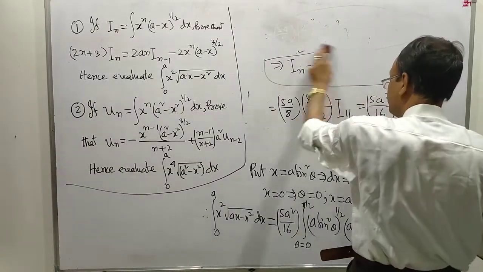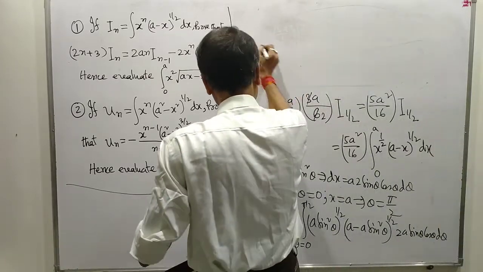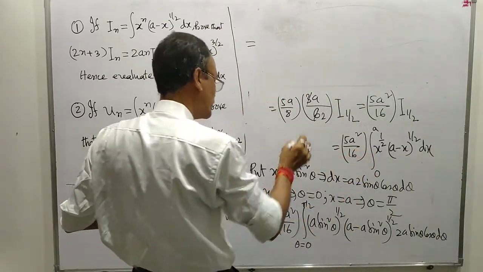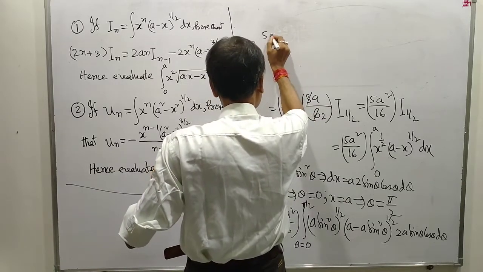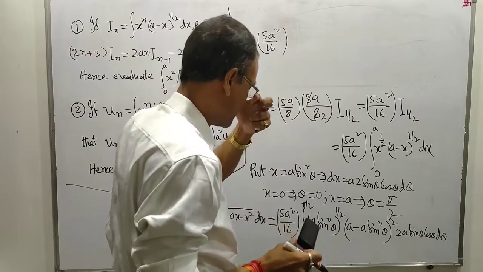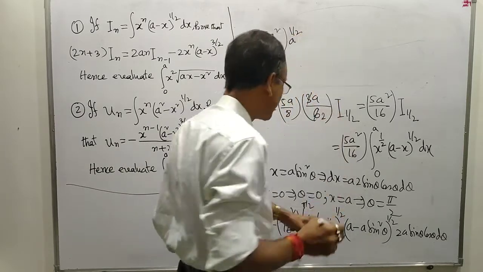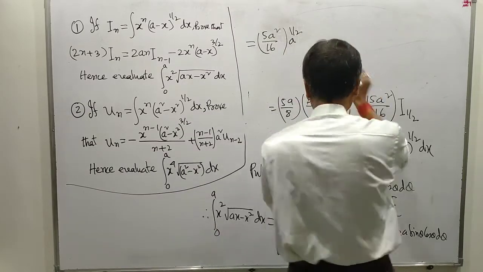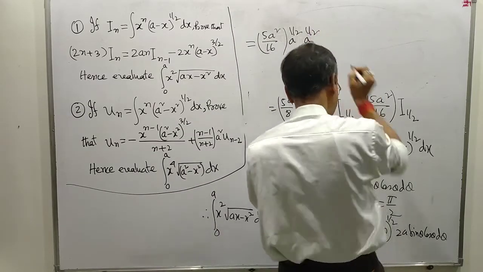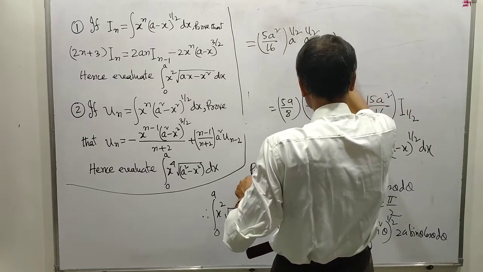Now this is equal to 5 a square by 16. A to the power half can be taken outside the sign of integration, into twice a.